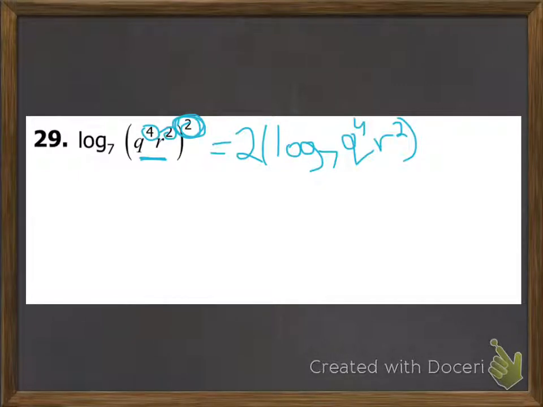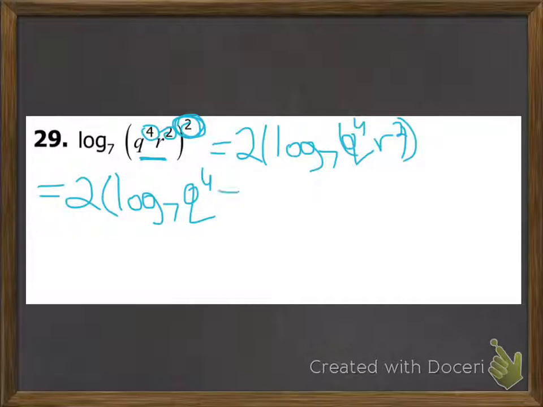Now let's take care of the multiplication right here that we had inside of our original parentheses. So now we're going to have 2 times the log base 7 of q to the fourth plus, remember you're going to add them since this is the product property, and then log base 7 r squared.